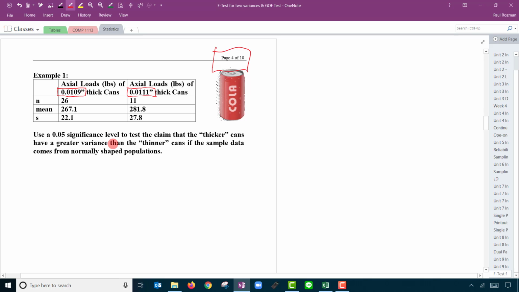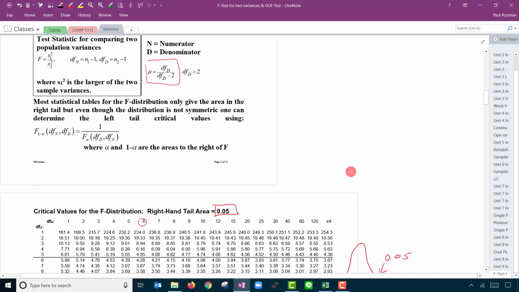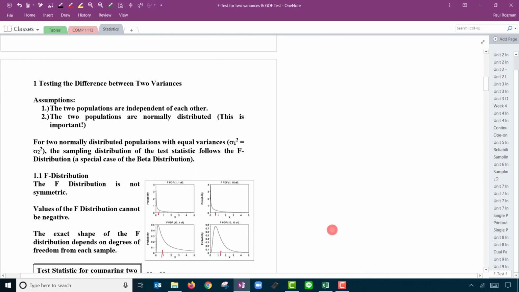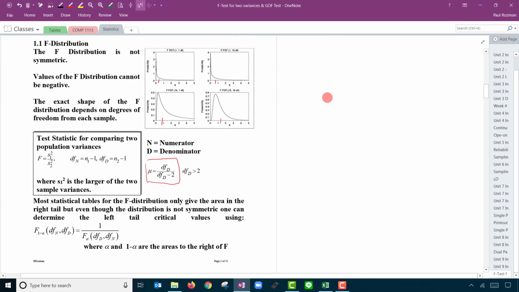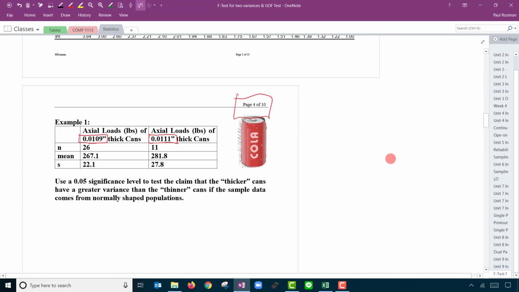When you're deciding how to set these up, remember we have to decide which group is group 1 and which one is group 2. In order to do that, it's the one that has the larger variance. So it's the one with the larger standard deviation.